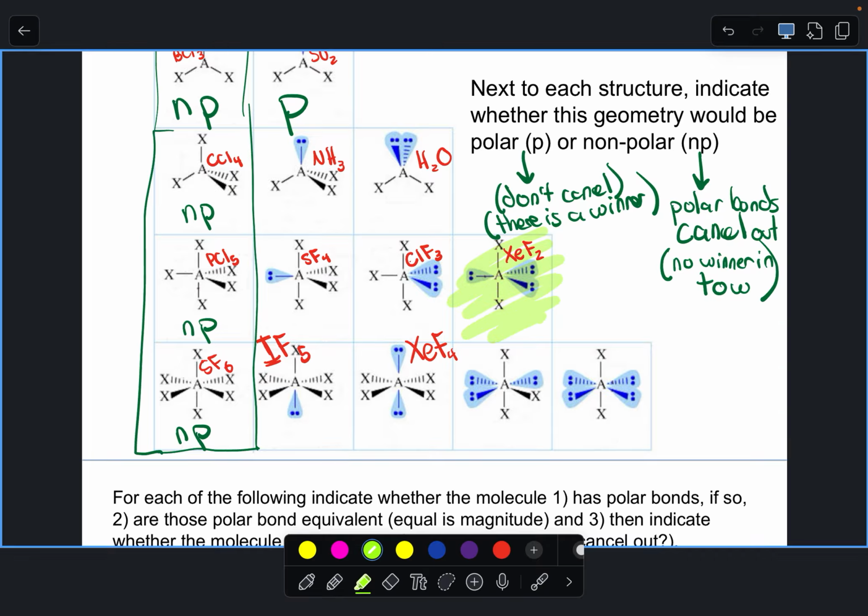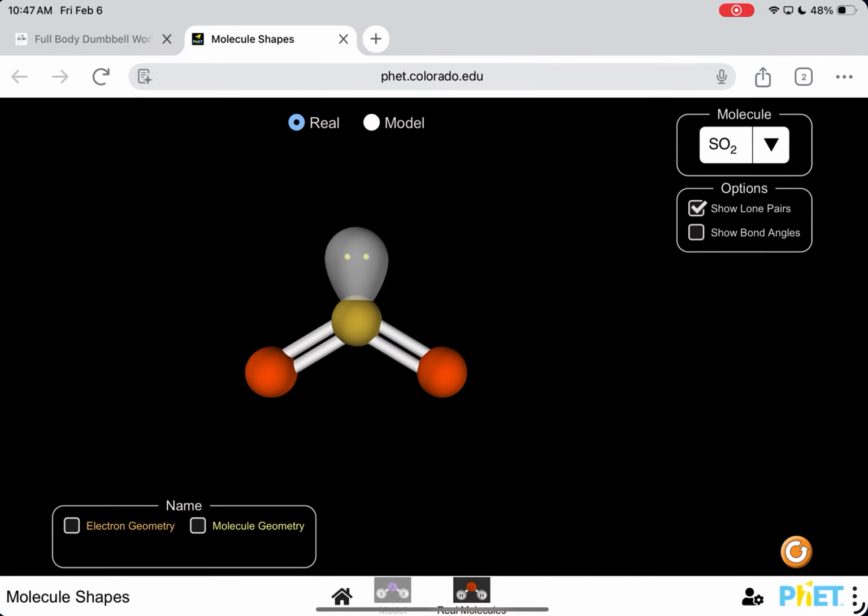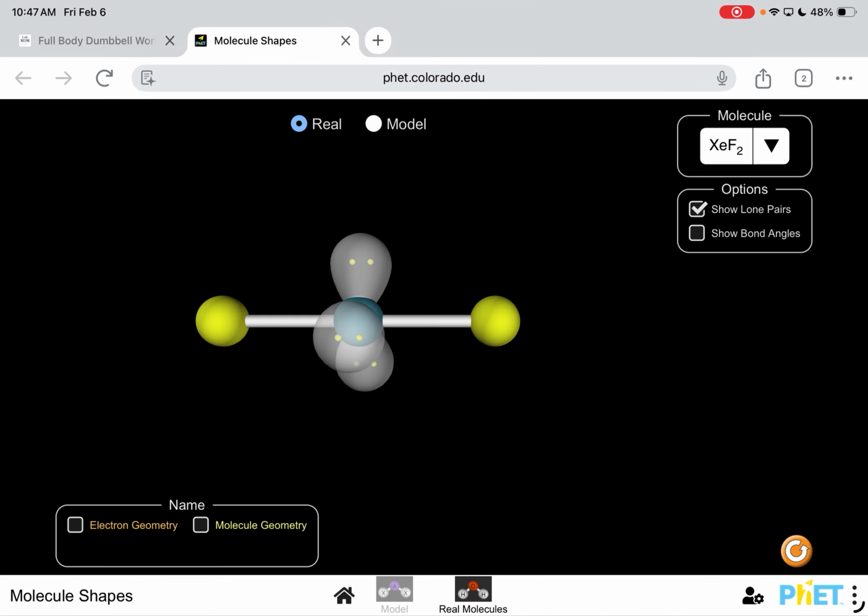This, and this, okay? I'm going to show you these examples, and I think you'll see really quickly why they are still nonpolar, even though there's a lone pair there that you would think is offsetting the geometry. Okay, so XeF2.